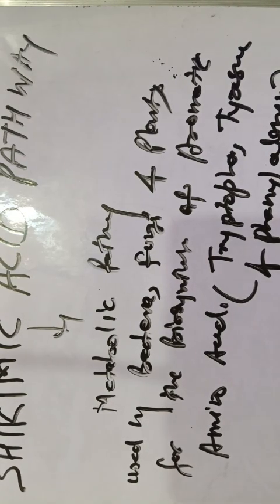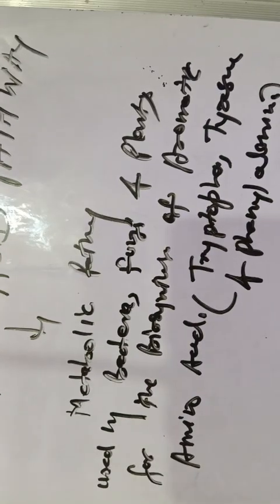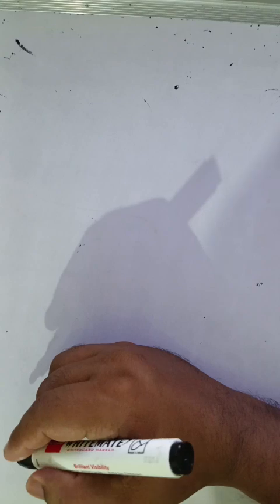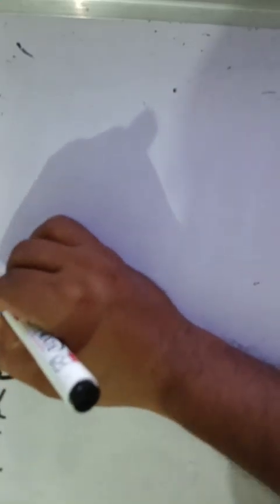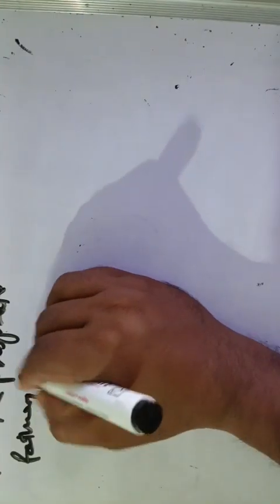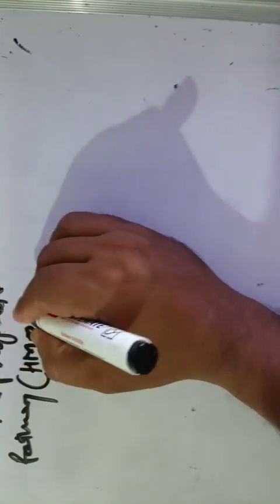Now I'm going to explain how the shikimic acid pathway runs. First of all, we will discuss the pentose phosphate pathway, also called the HMP shunt.